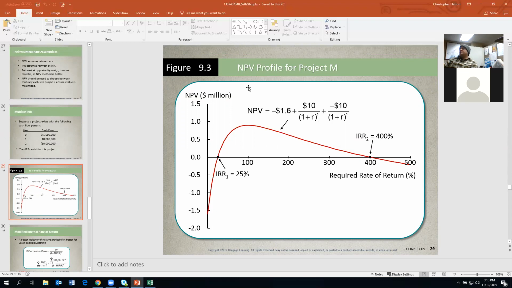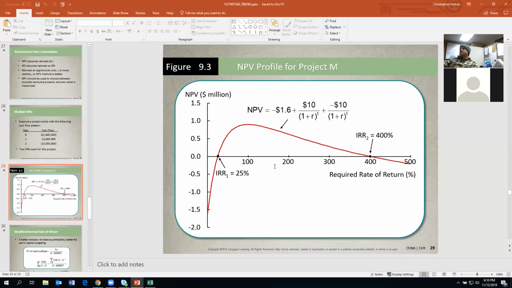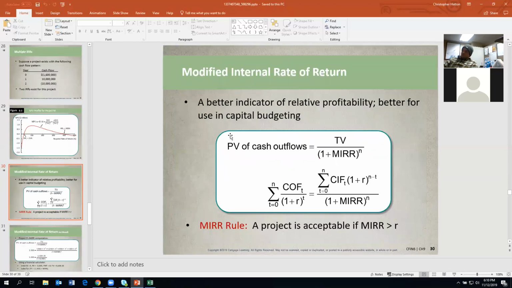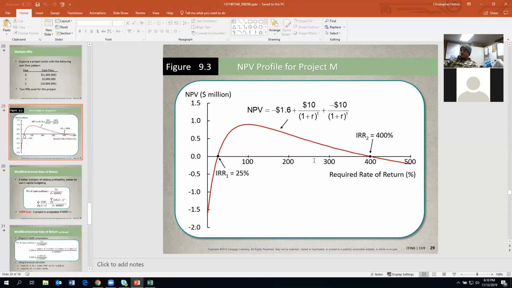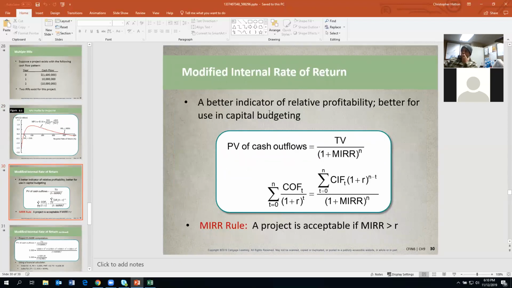And you can calculate this with this formula right here. And this is incremental, so we're using 1-year increments. And there'll be an example of that at the end of the chapter question. Modified internal rate of return is a better indicator of relative profitability, and better for use in capital budgeting. So this is present value of cash flows equals the terminal value over 1 plus the modified internal rate of return.